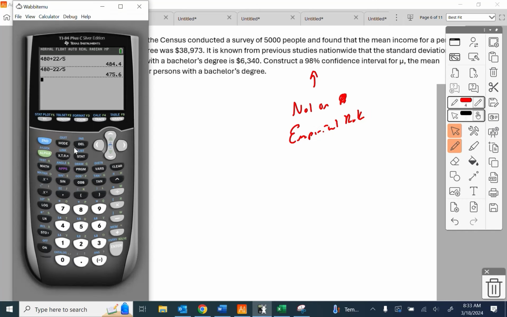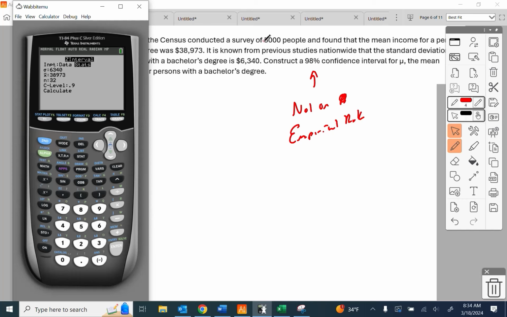So the TI-84 takes over. Tests, Z interval, 7. And let's see here. The standard deviation is given as 6340. 5,000 people were in this sample, but the average was 38,973.